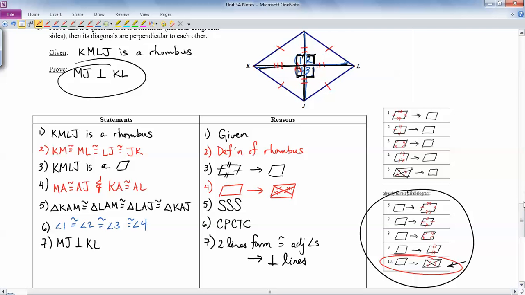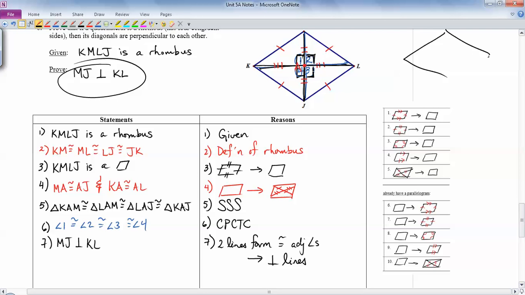Now, I'll tell you right off the bat that this proof does a lot more than just prove that the diagonals are perpendicular in a rhombus. Really the main feature of this is if you have a rhombus, so if you know all 4 sides are the same, and you cut it up, then not only do you get perpendiculars, right angles in the middle, but you get all 4 of these triangles congruent to each other.